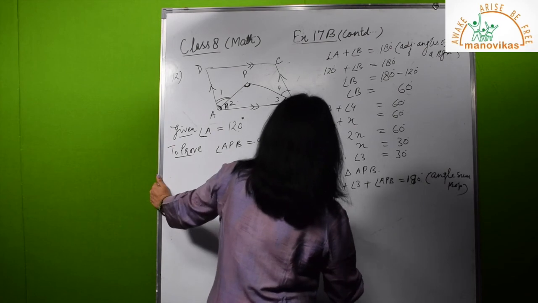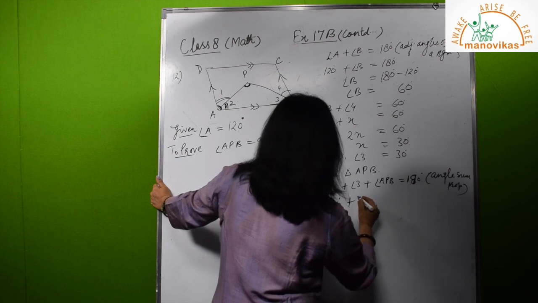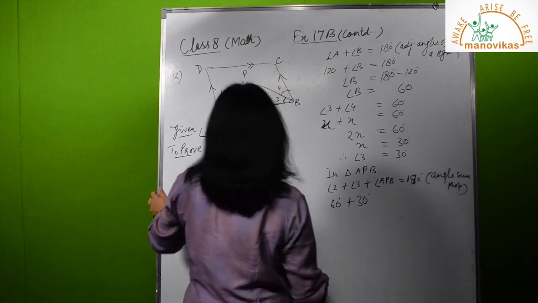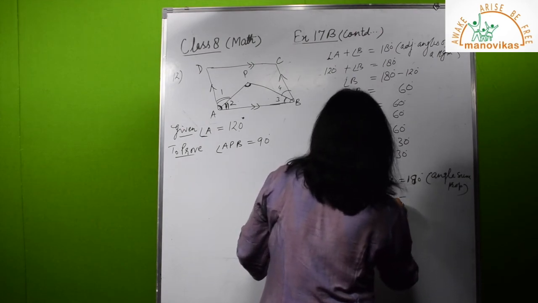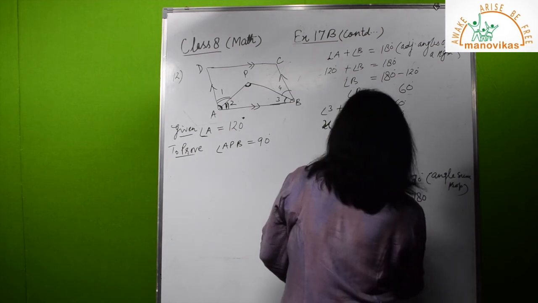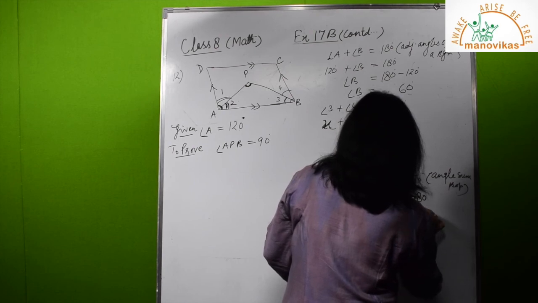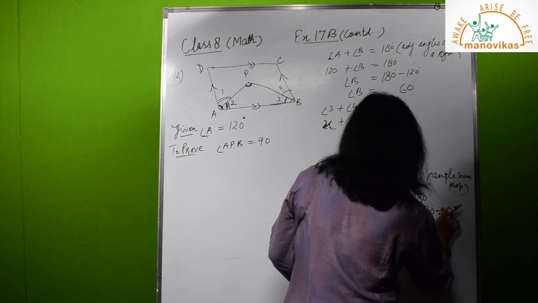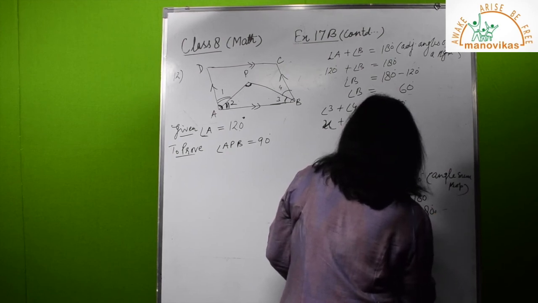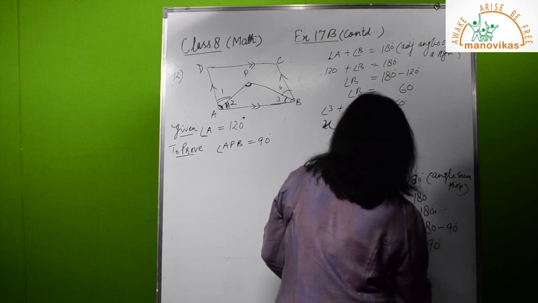Angle 2 we have already found 60 degree, plus angle 3 we have found 30 degree, and this is angle APB we have to find. So 90 plus angle APB is equal to 180 degree. So angle APB we got as 180 minus 90 degree. That means it is equal to 90 degree. This is true.